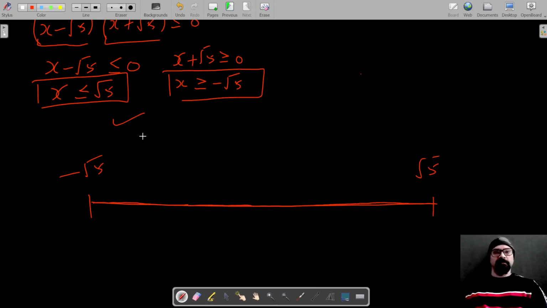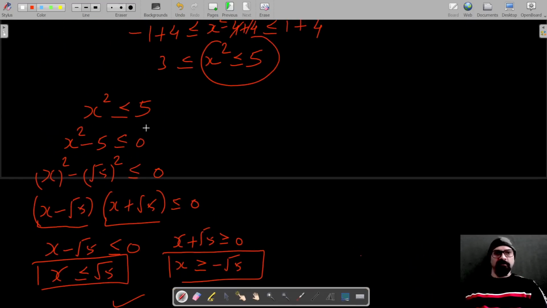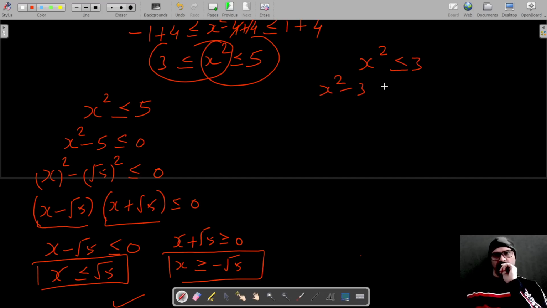So x is less than or equal to root 5 but greater than or equal to minus root 5. Now let's consider the second part of this inequality, which says x square is greater than or equal to 3. So this gives me x square minus 3 is greater than or equal to 0.